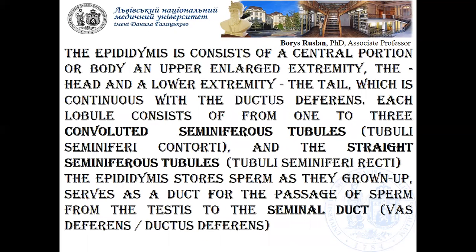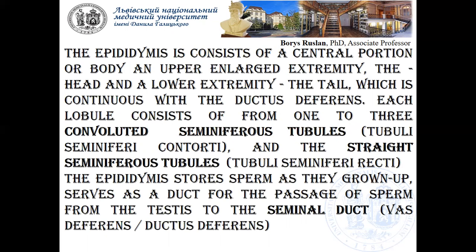What about epididymis information? The epididymis consists of the central portion, the body, and the upper enlarged extremity, the head, and the lower extremity, the tail, which is continuous with the ductus deferens.